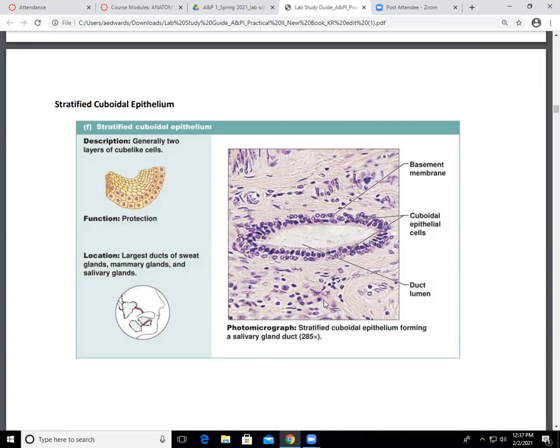Okay, I don't know if y'all can see that, but kind of draw an imaginary layer here, like that. And then here's the inside layer. Okay. And then you have a bunch of cuboidal cells, right?